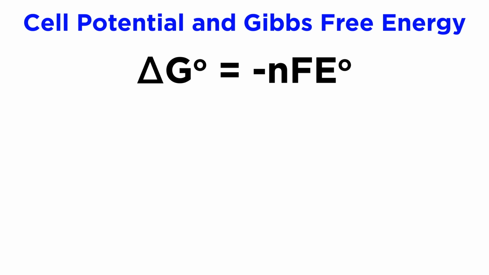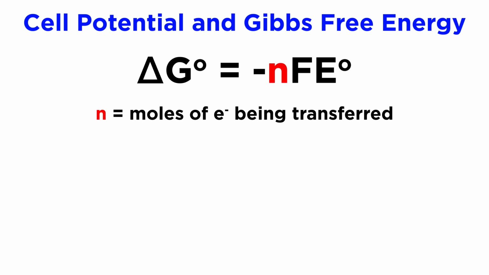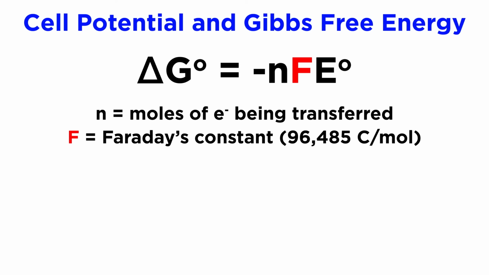We can also correlate cell potential with Gibbs free energy via this equation, where the standard Gibbs free energy change equals negative nF E cell. Here, n is the number of moles of electrons being transferred, and F is Faraday's constant, 96,485 coulombs per mole.